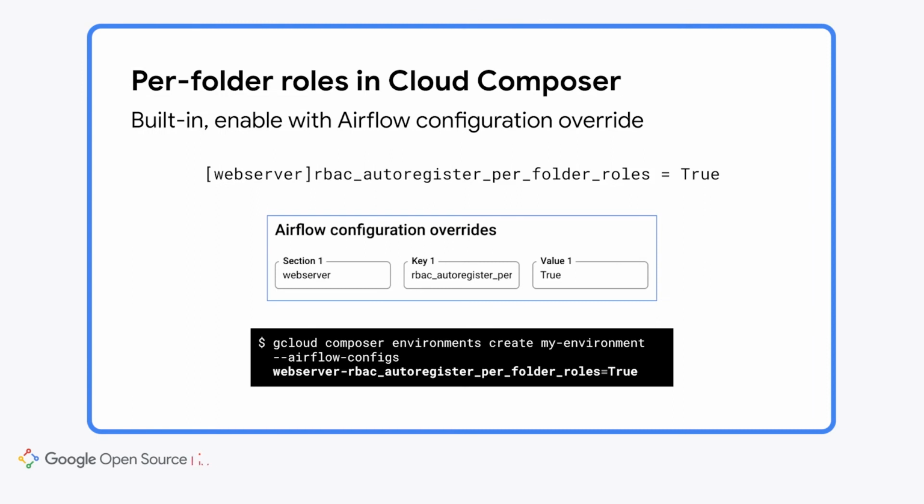We added the per folder roles registration feature to Airflow instances available in Cloud Composer. You can simply enable another Airflow configuration override in Cloud Composer environment settings. It's called RBAC Autoregister Per Folder Roles in the web server section, and you can set it to true either through Composer API, Composer user interface, or gcloud command line interface, again, whichever way you prefer.